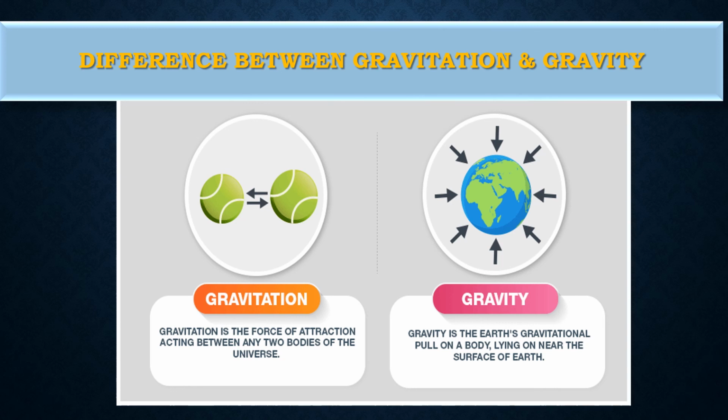Gravitation is the force of attraction acting between any two bodies of the universe, like we have discussed in the previous slide about the attraction between Sun and other planets, or between galaxies, or between Earth and Moon. But gravity is the earth's gravitational pull, or earth's attraction on a body lying near the surface of the earth.